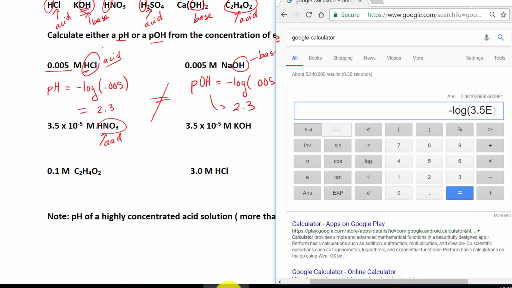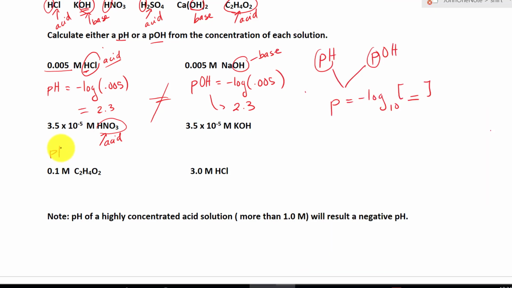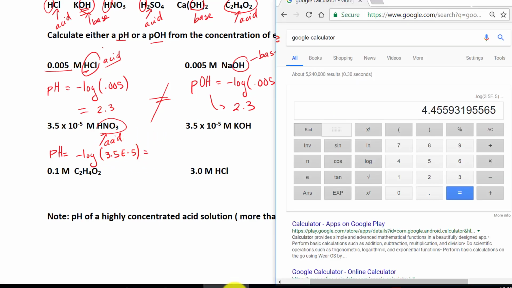The exponent button, and it's negative 5. And there you go. We have our answer, 4.46. So in this case, pH is equal to negative log of 3.5 e to the negative 5, which is equal to, what is it again? 4.46.